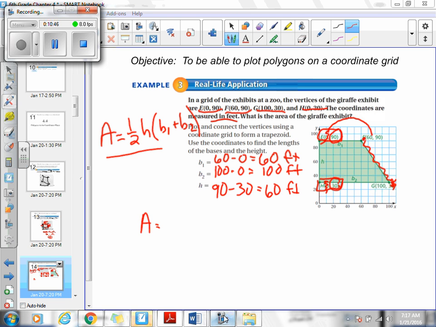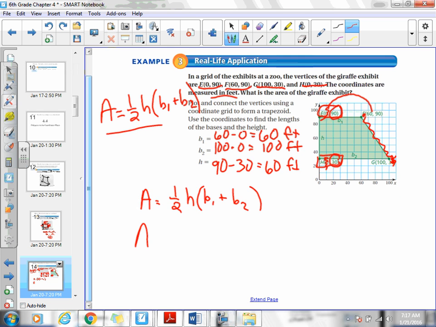Okay, so we have all the information we need to find our area. I'm going to rewrite that down here. You should write it on your paper. Area equals 1/2 of the height times the sum of the two bases. And I'm just going to start substituting stuff in. We don't know the area, that's what we're trying to find out. We know that the height is 60 feet, and our bases are 60 feet and 100 feet.